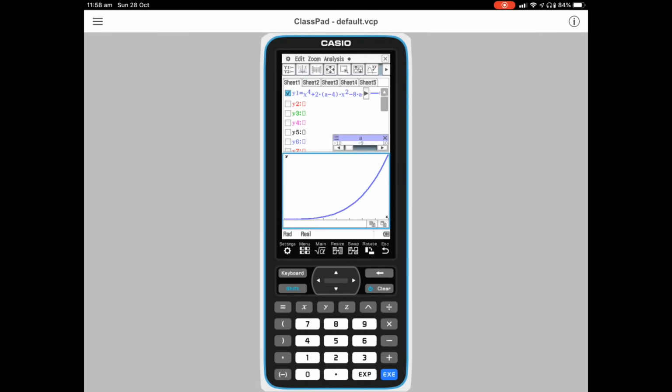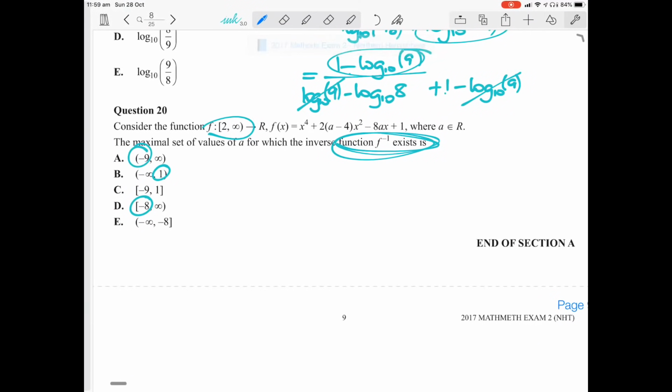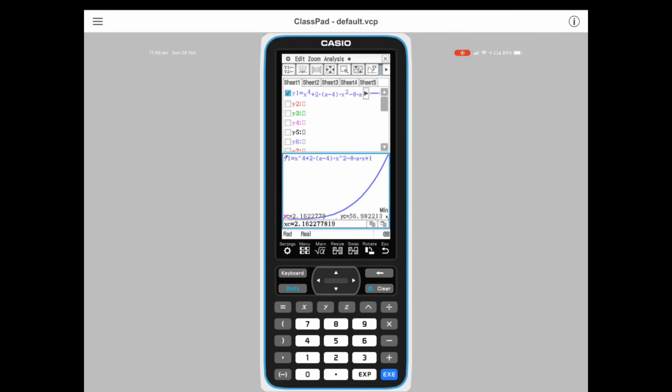Okay, so that's from 2. Let's see where the minimum occurs. G-solve, min. Okay, so there's a minimum that occurs after 2, which means that it's got to go down and then up. So just say there's 2, 2.16 or whatever it was. That can't be 1 to 1.